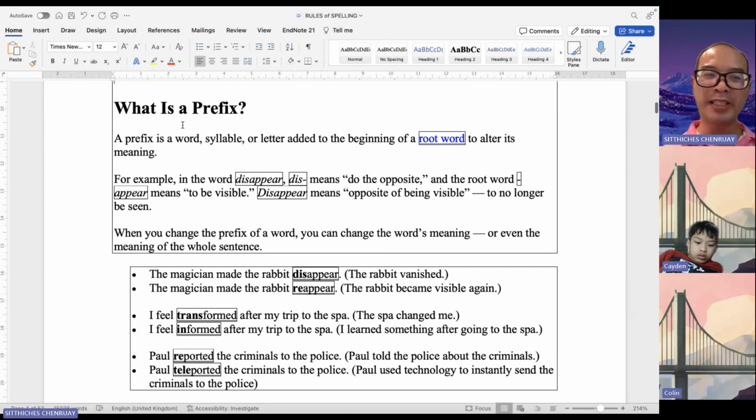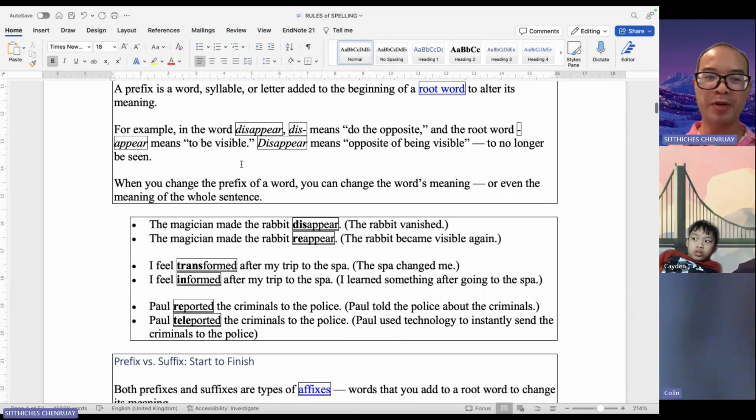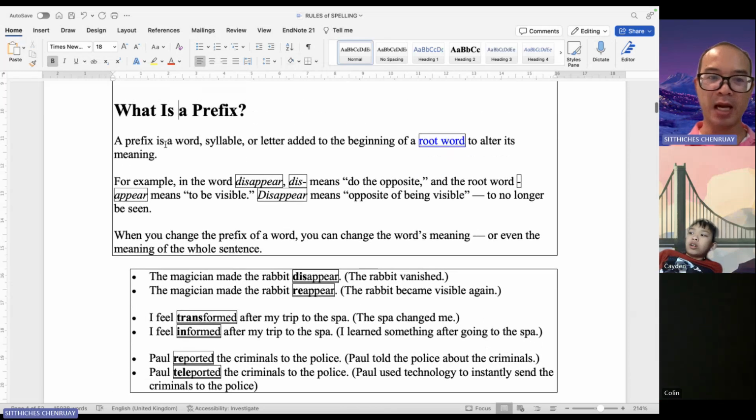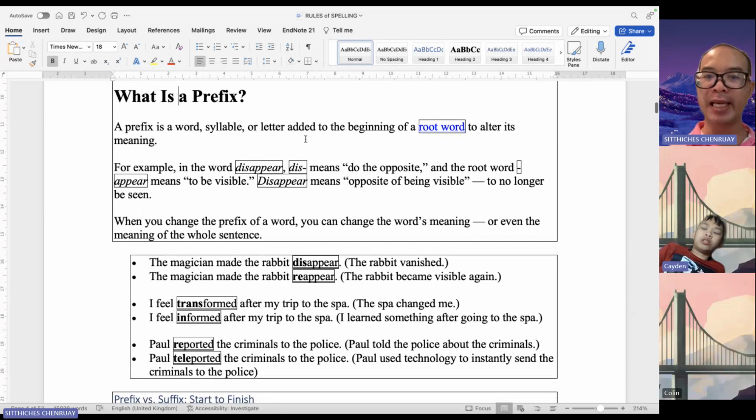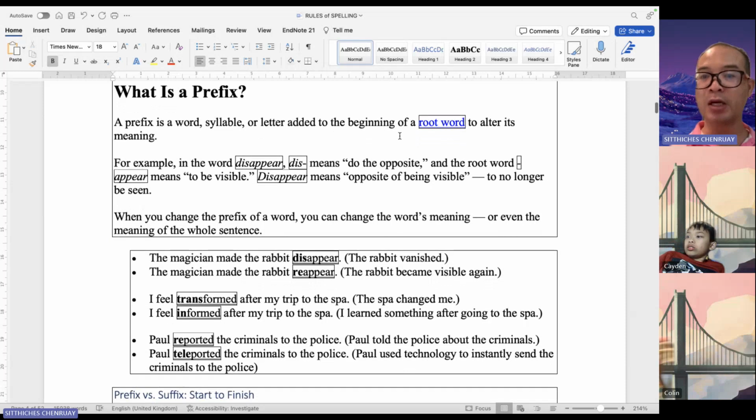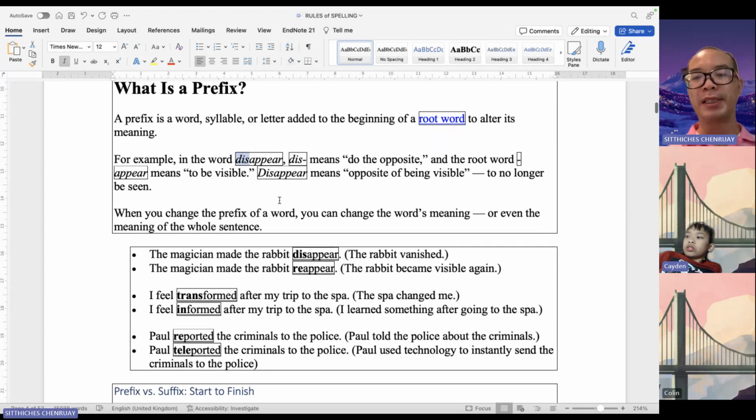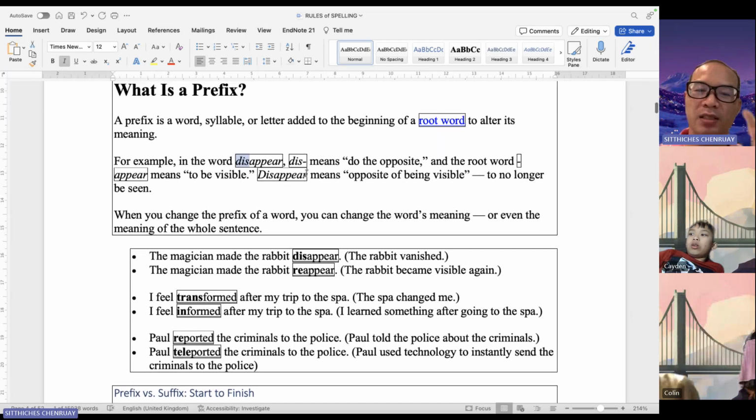And then, you know the prefix already from last time. It's a word, syllable, or letter added to the beginning of the root word that alters its meaning. Okay, for example, in the word disappear. So sometimes you may think it's the prefix and the root, like this.